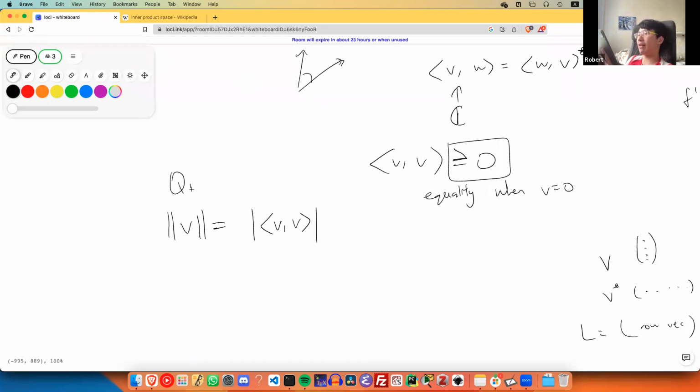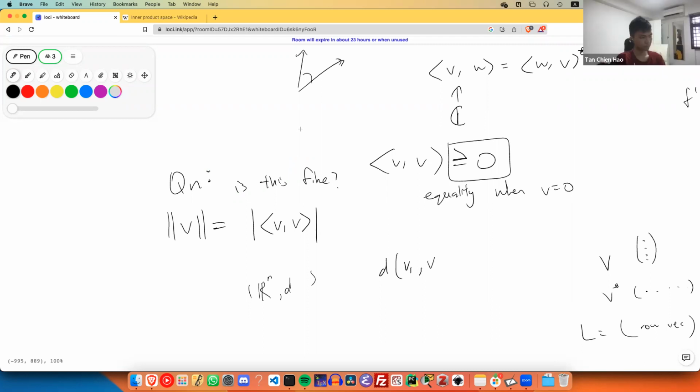If you have the usual Euclidean metric, d, this feels fine, because the length is literally just d of v... well, it's not really. Wait, hold on. How would that work? Okay.